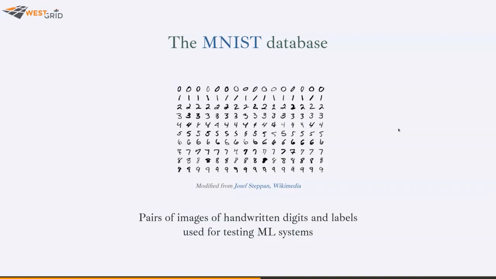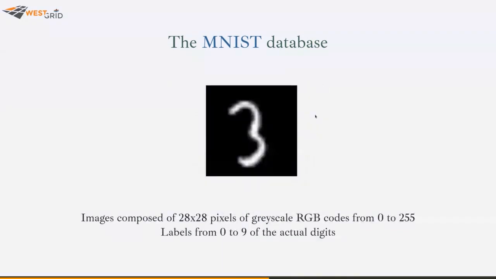Because you have those handwritten digits that have been transformed into images, and they're each made of an image of 28 by 28 pixels along a grayscale. So you don't have 3 RGB layers.